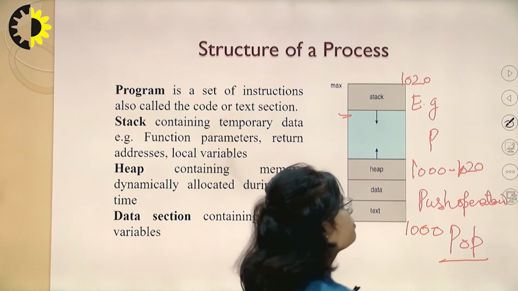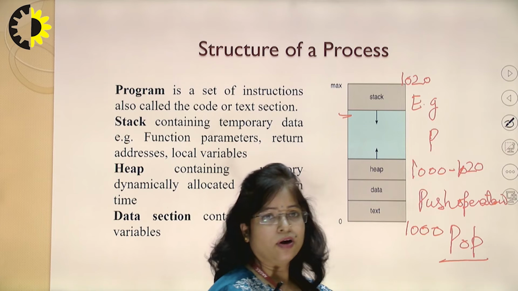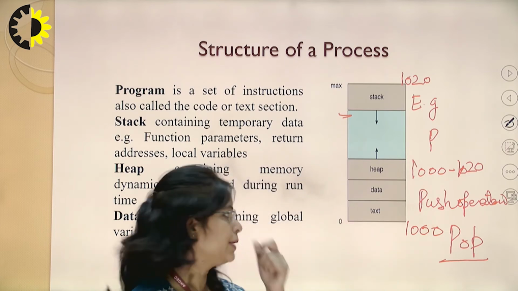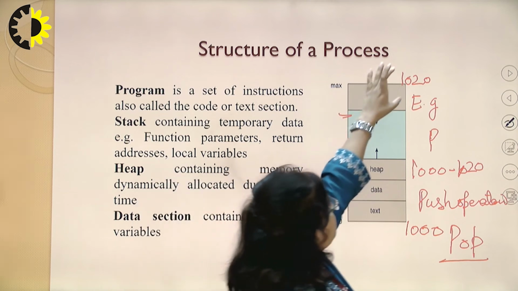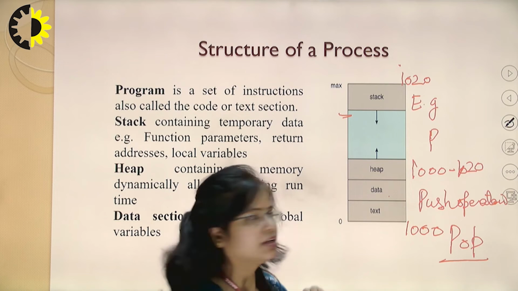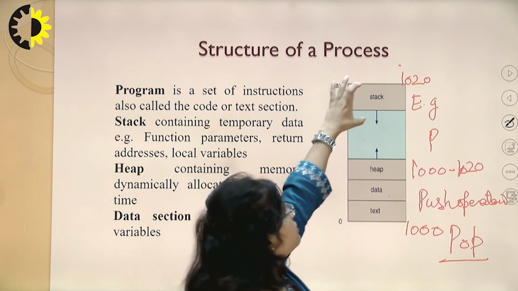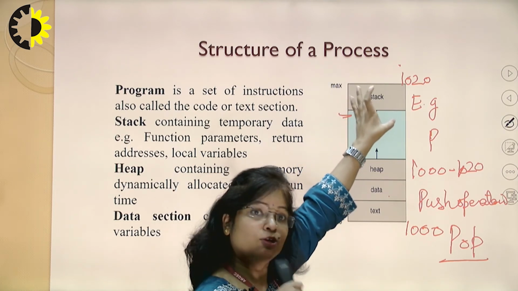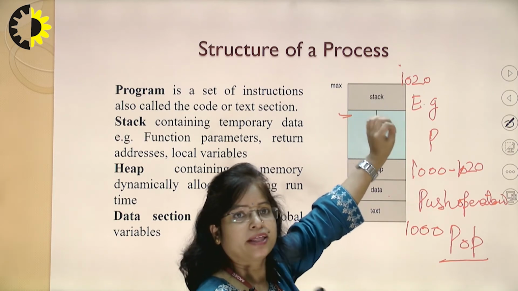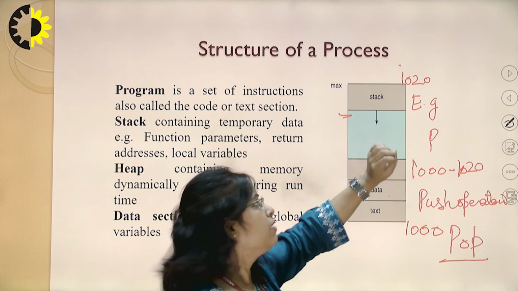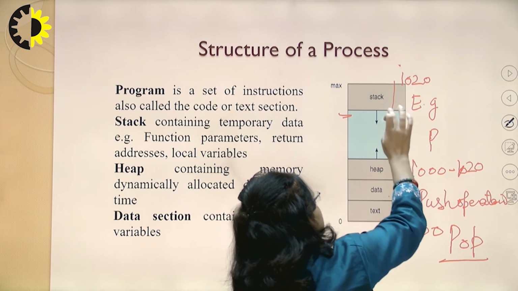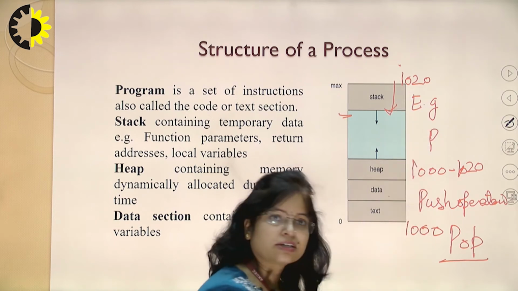These are the two operations for inserting and removing elements. We have the upper limit 1020 and the lower limit 1000. The stack contains all the temporary data, that is addresses, function parameters and local variables. It starts storing data in the downwards direction.